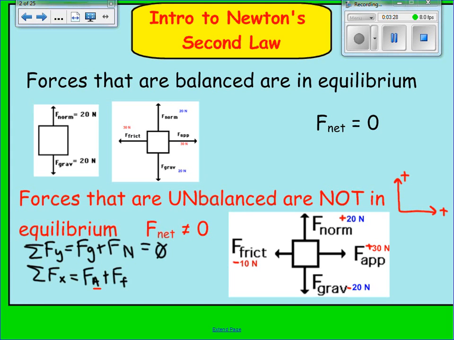So when I take my force applied plus my force friction, really what I'm doing is I'm taking my positive 30 newtons plus the negative 10 newtons. And so we get a net force of 20 newtons, and since it's positive, that tells me that it's to the right. So this is an example where an object is not in equilibrium.